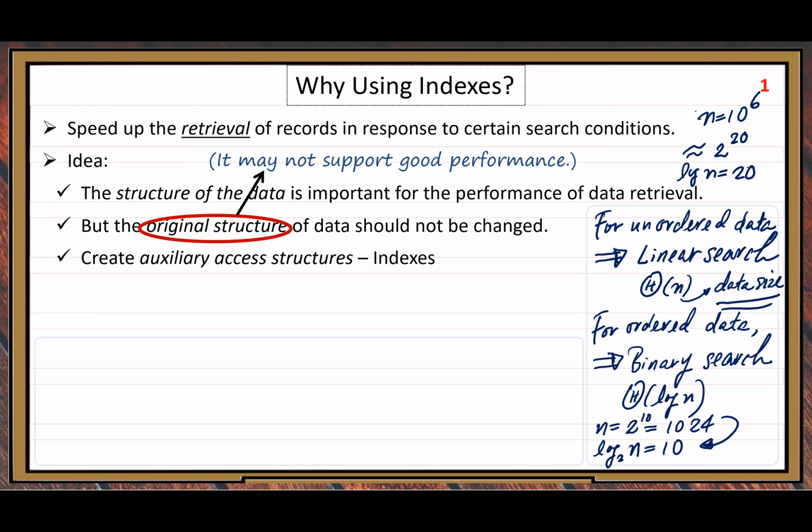One file corresponds to one table in our DBMS. Here, one index corresponds to one file. That one file is a special table, a physical file stored in the hard disk.